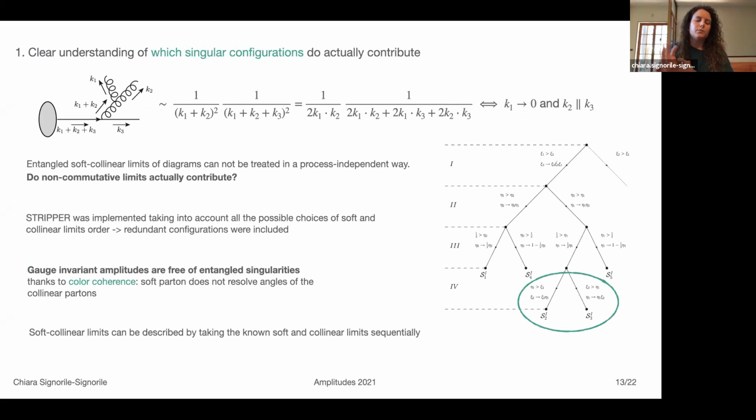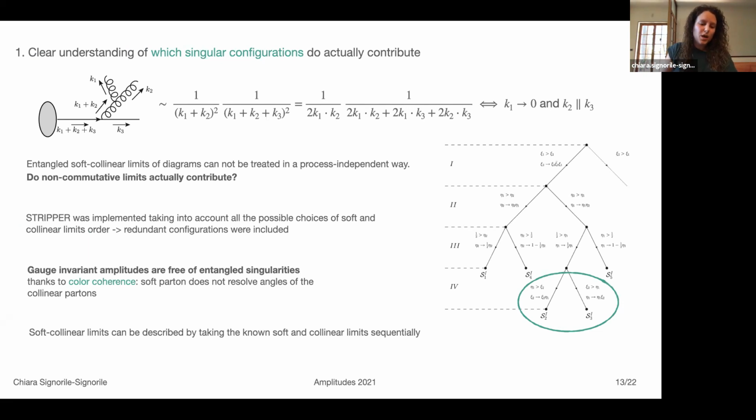First of all, we need a clear understanding of which configurations actually contribute. This is not a super trivial problem, because some years ago, for example, one of the subtraction schemes that was implemented, called STRIPPER, was essentially based on the idea of taking into account all the possible orderings of soft and collinear limits.